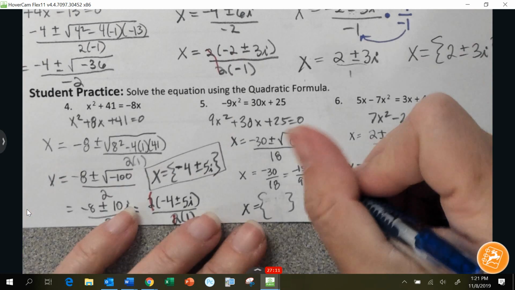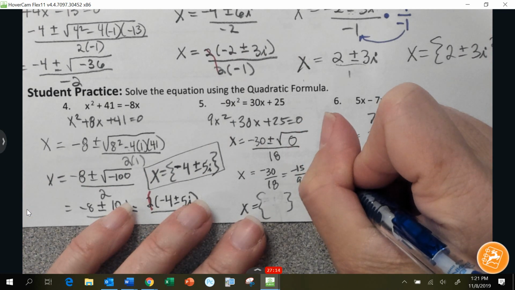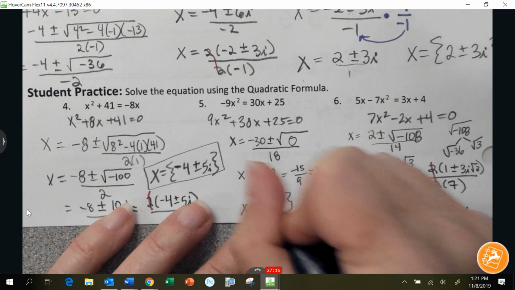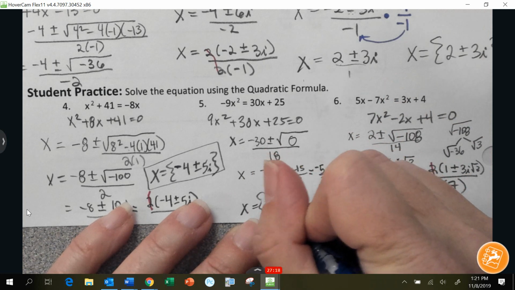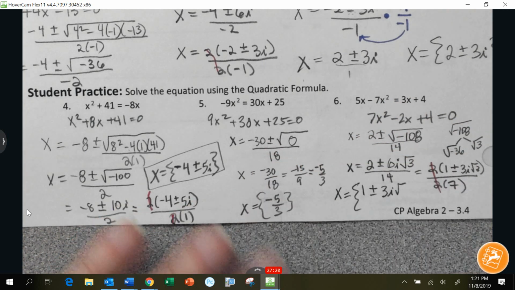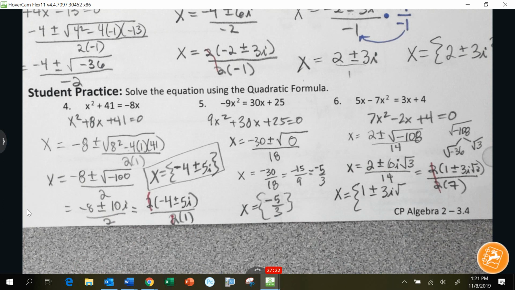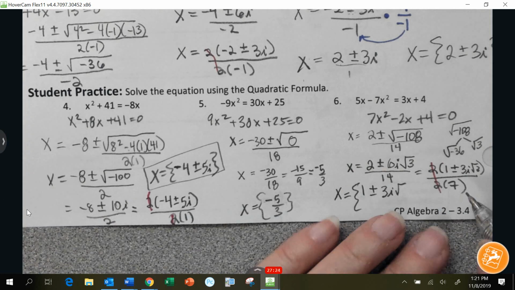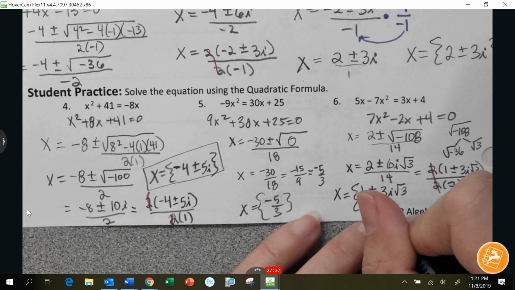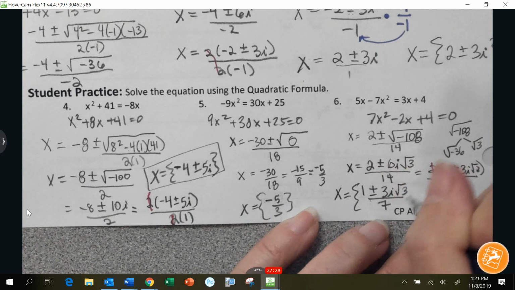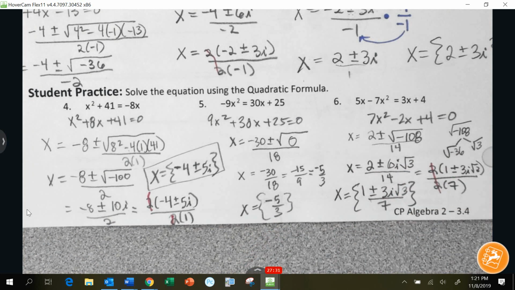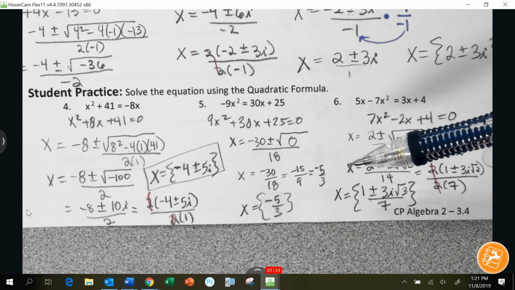I needed to divide by 3 still, so I have negative 5 over 3. I could have started dividing by 6. I just didn't see it. Do you still need the fancy brackets? You don't need the fancy brackets if it's just one. I just do them so that people don't forget them.